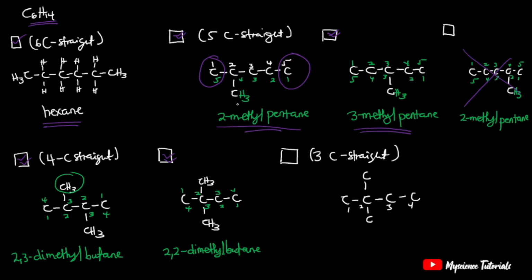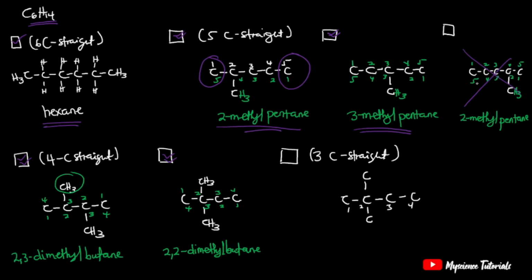So in this case, when we added it to this carbon over here, we realized we have 2-methylpentane. When we added it to the middle guy over here, we had 3-methylpentane. When we added it to the second to last carbon over here, we get to realize that the naming, if we take into consideration the least locant, will still be 2-methylpentane, which was something that we already have.